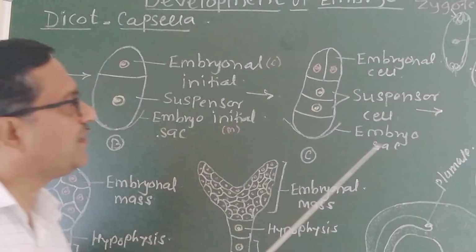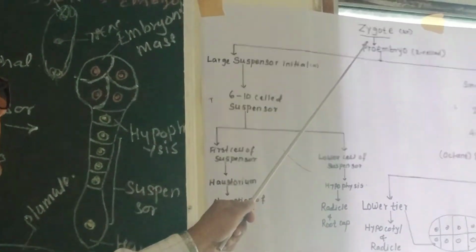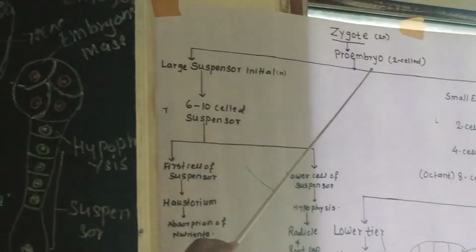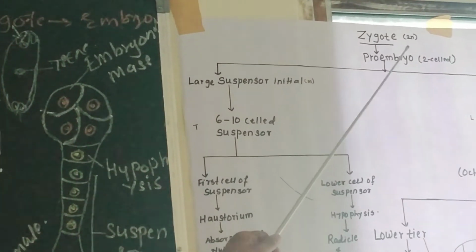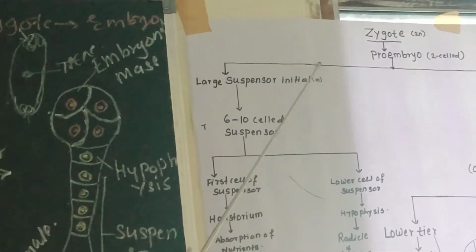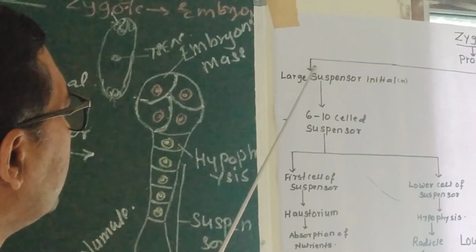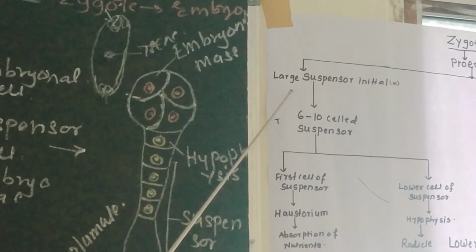Now, with the help of the chart, we will study that the zygote forms the proembryo, which is two-celled. The cells of the proembryo divide.